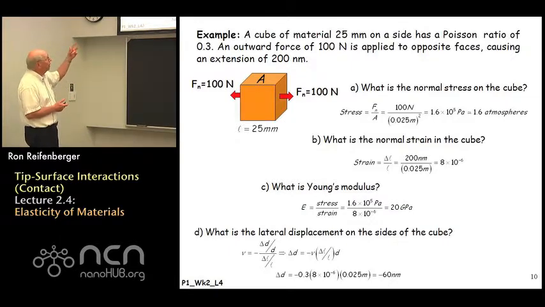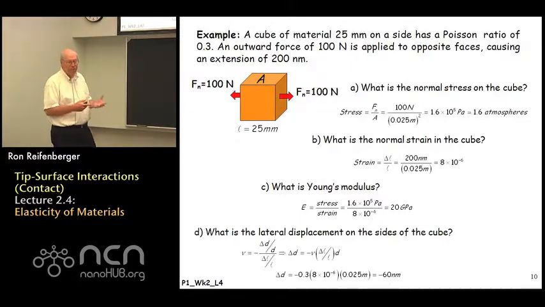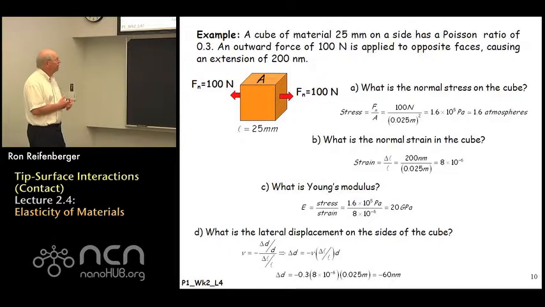From those two quantities, the stress and the strain, you can then estimate Young's modulus for this material. And for this particular example, the Young's modulus comes out to be about 20 gigapascal. And then lastly, you can ask, what is the change in the lateral dimensions of the material? So we're basically asking, how does the width or the height of the block change when 100 newtons is applied along the length of the block?